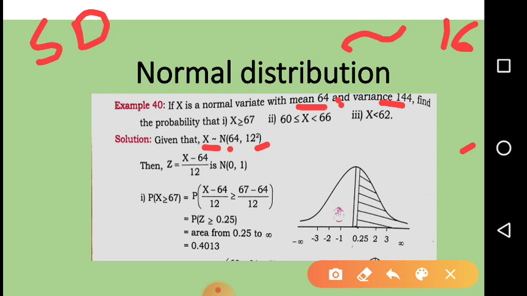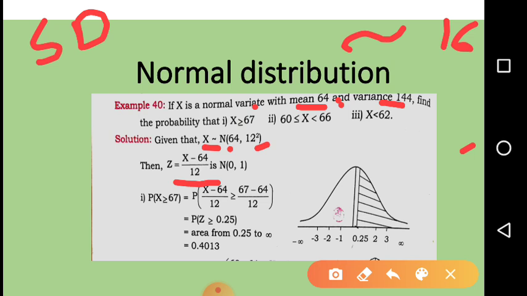Then this is the one formula for normal distribution. There is only one formula, students. Z is equal to X minus mean, divided by standard deviation. X is the normal variate we are considering. The mean is 64, given in the question, divided by the standard deviation, that is 12.